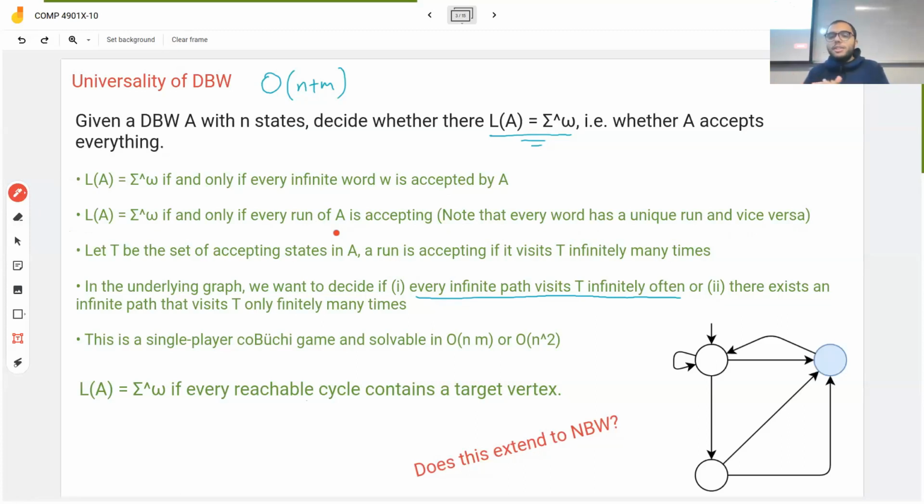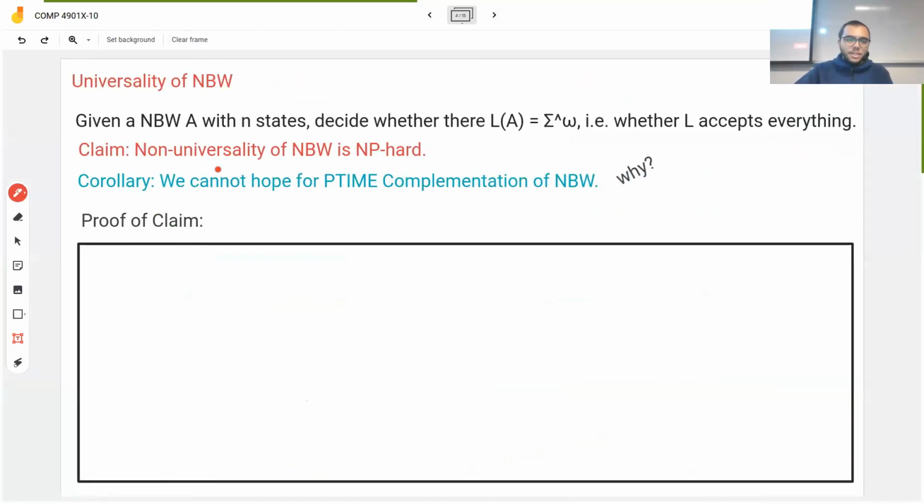In a non-deterministic automaton, I just can't say this. I cannot say that every run should be accepting. Because maybe I have a non-deterministic Büchi automaton that accepts all the words, but for every word, it has many different runs, and some of those runs are accepting and some of them are not accepting. Okay? So universality of deterministic automata is much easier than universality of non-deterministic automata.